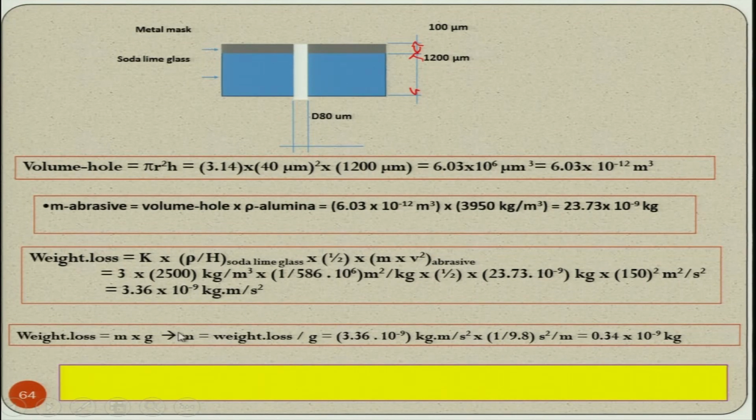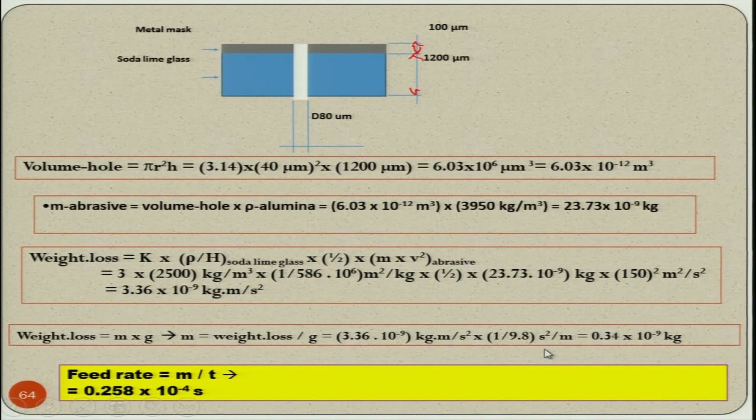So, weight loss is nothing but m into g, where g is the acceleration due to gravity and m is the mass. So, the mass of the workpiece material to be eroded is the weight loss divided by g. So, you divide this value 3.36 into 10 raised to power minus 9 by g, then you will get 0.34 into 10 raised to power minus 9 kilogram.